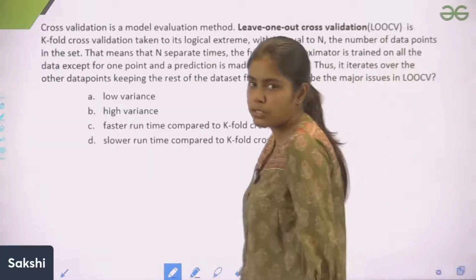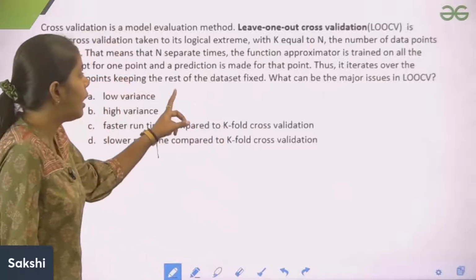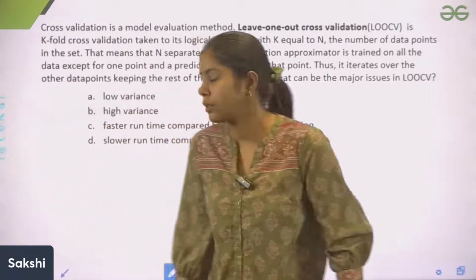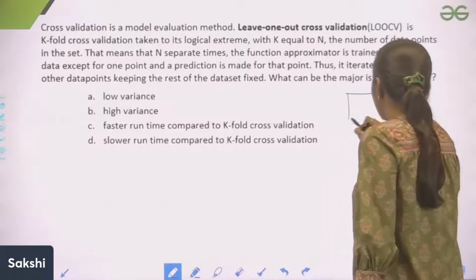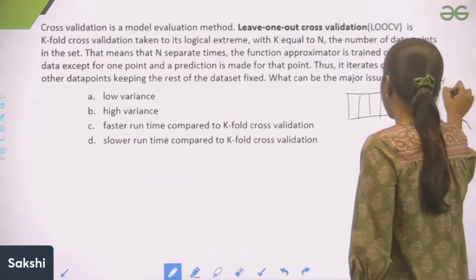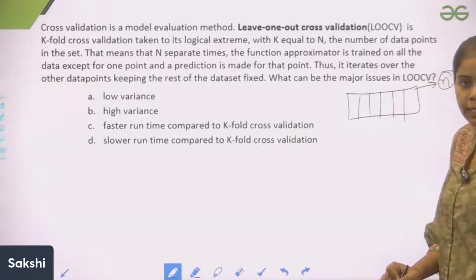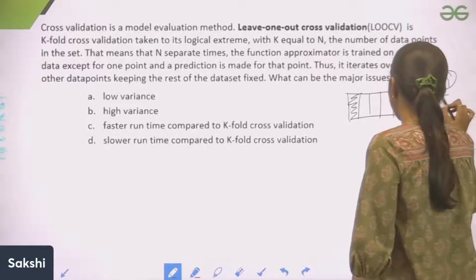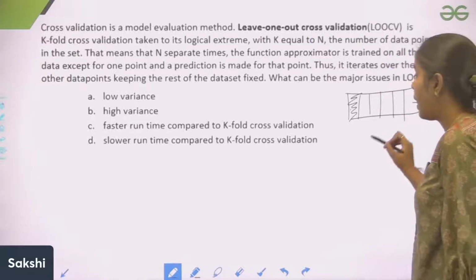So you all know what is cross validation, right? It says leave one out cross validation. What is leave one out cross validation? Let's suppose you have to train a model, and let's suppose you have n data points in a training data set. What would you do? You would keep one for cross validation, and you would train the first model, right?